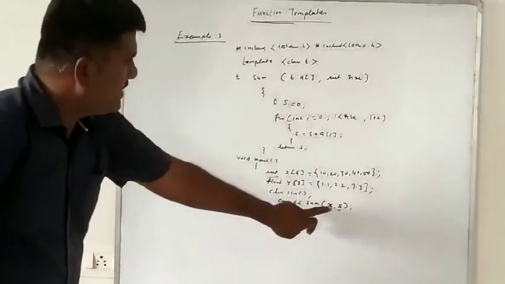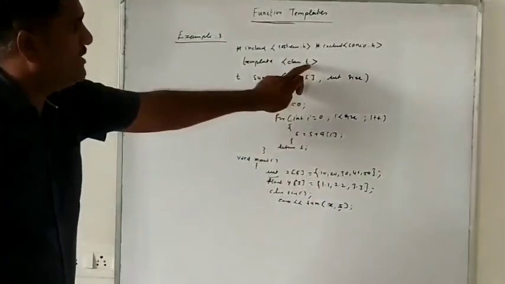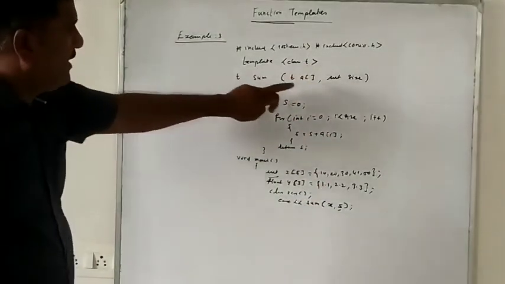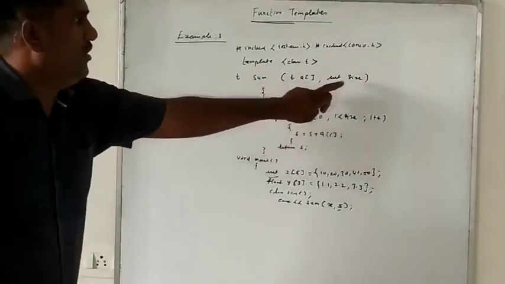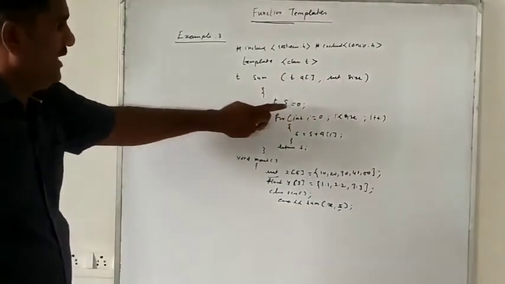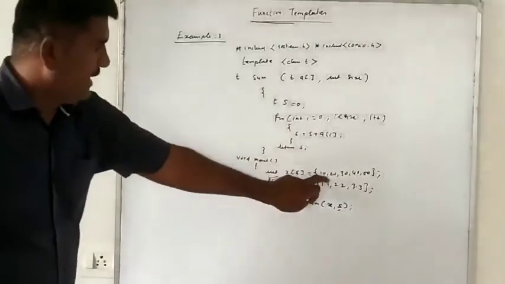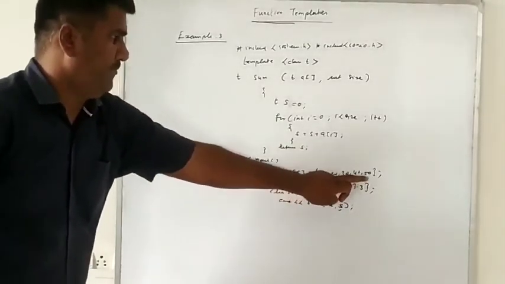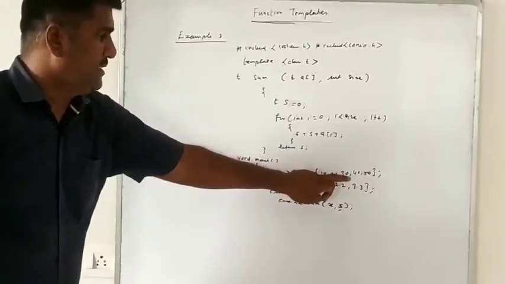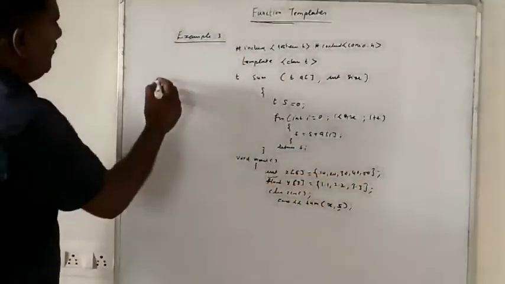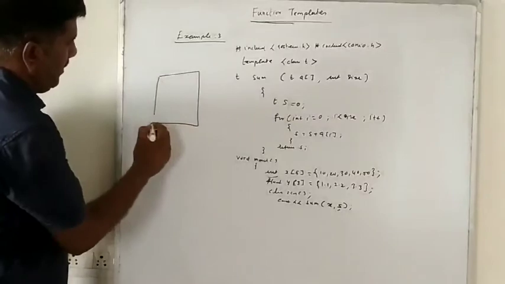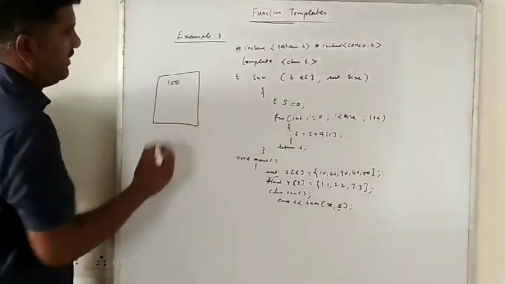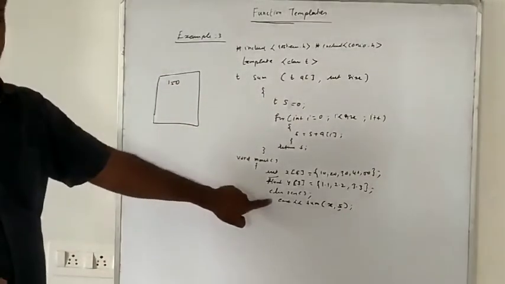So here T is an integer: int a of 0, int size, int s. It adds 10 plus 20 plus 30 plus 40 plus 50, so 30, 60, 100, 150. So 150 will be stored in this.